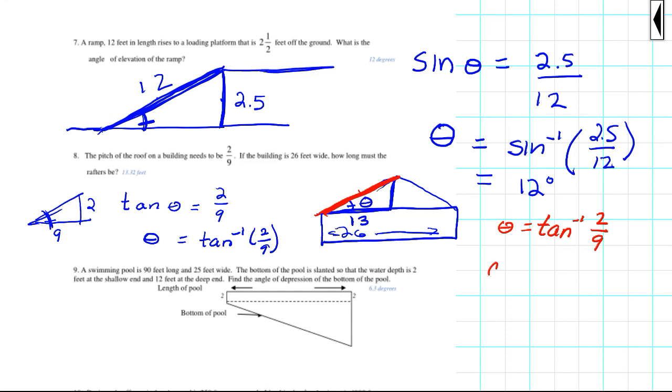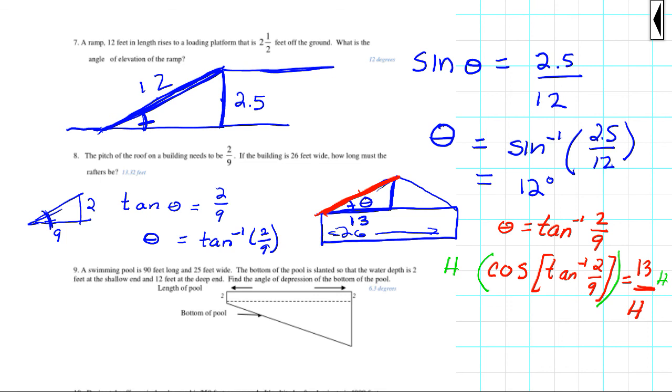So we'll have the cosine of the inverse tangent of 2 over 9 equal to the length of the side adjacent, which is 13, divided by the length of the hypotenuse, which is what we're trying to find. So we multiply both sides by h.